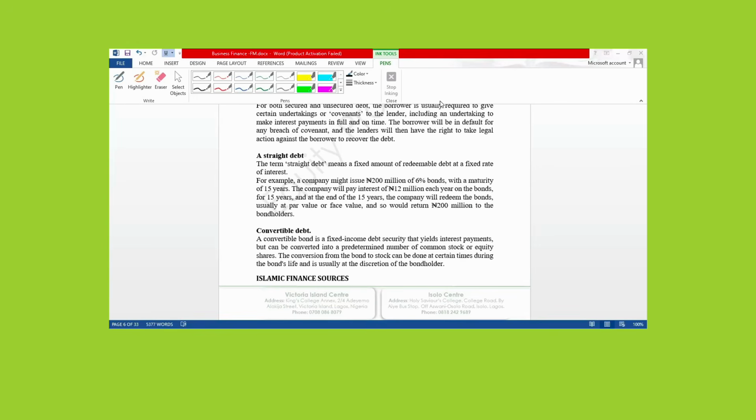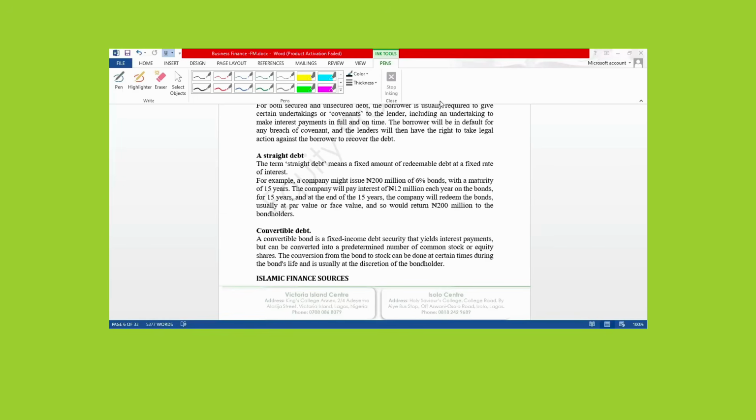Looking at the substance of this transaction, we accountants look at the substance of the transaction, not the legal form. Substance over form.